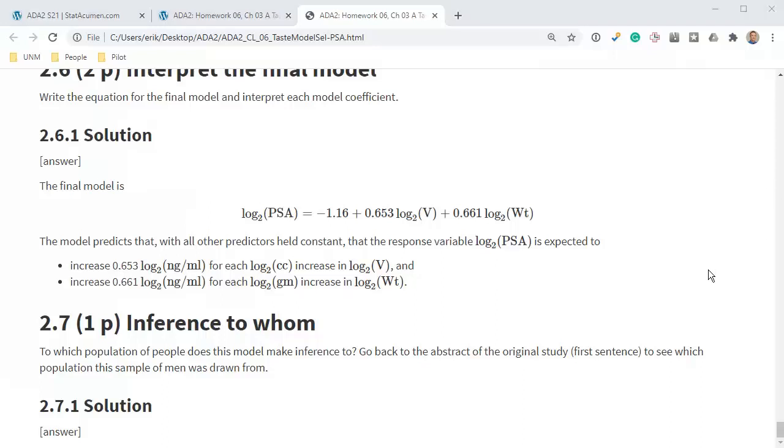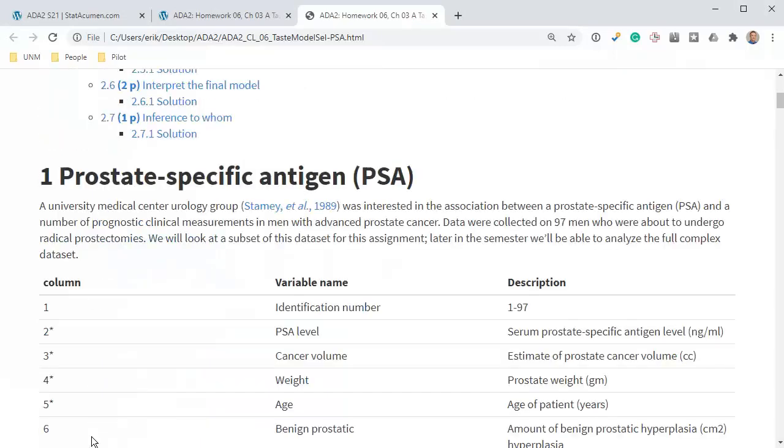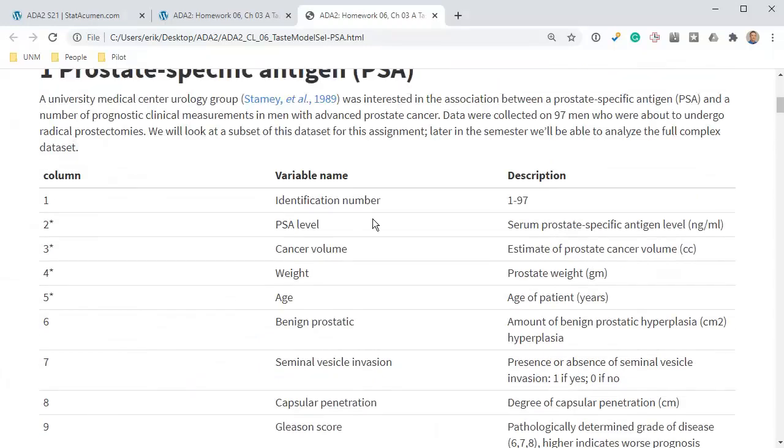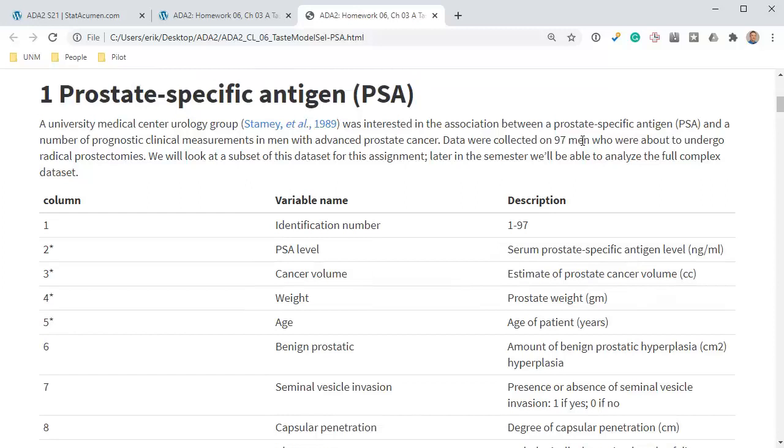All right. Last step is about inference to whom. So I'm not going to type this out, but the inference is to the people who appeared in the study. If we page up to the top, I think I made a comment about this at the very beginning, these men, so it's men, right?